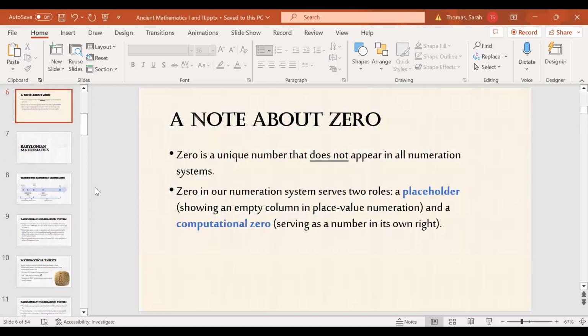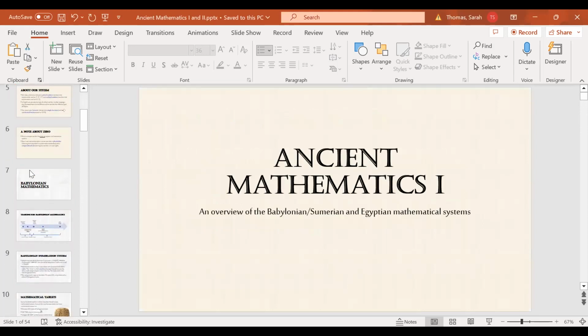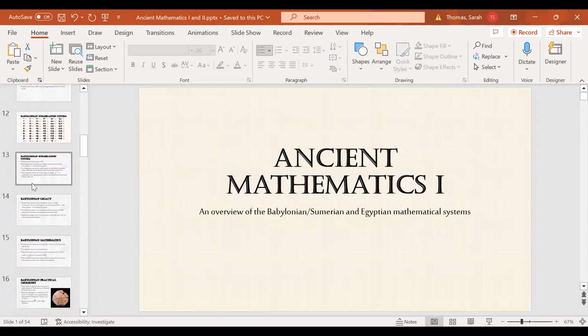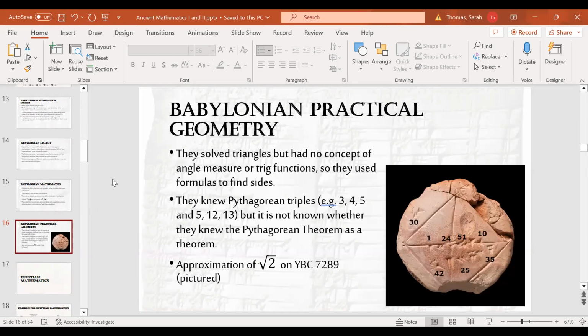Where's the one with the square root of 2 tablet? Where did that go? When you have base 60 fractions, you can get to what would be 4 decimal place accuracy pretty quickly, just because the fractions get real small real fast.